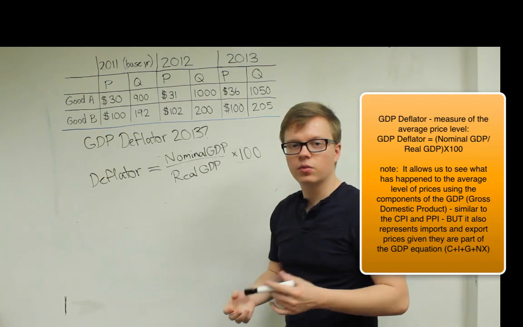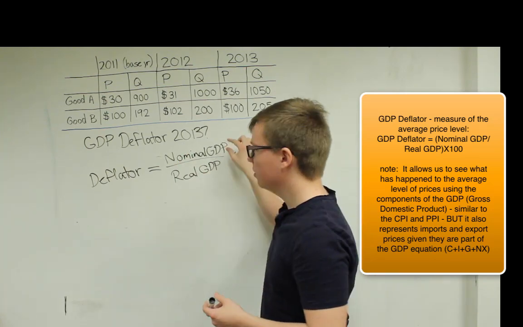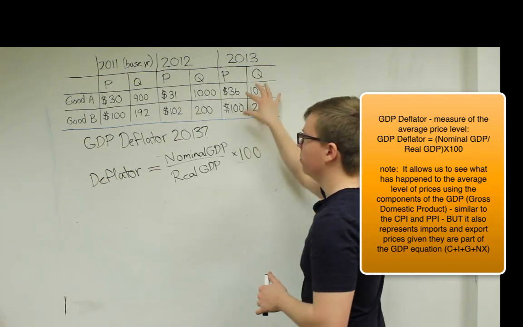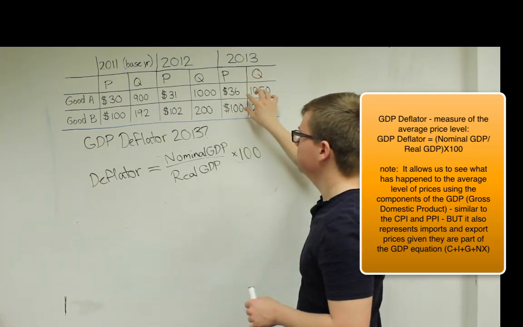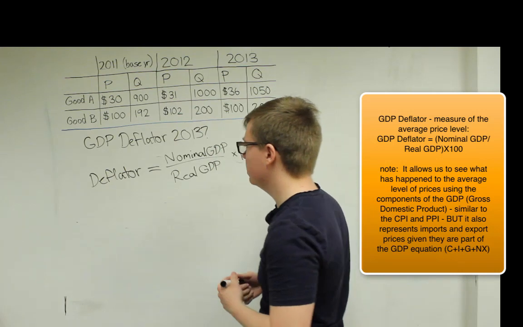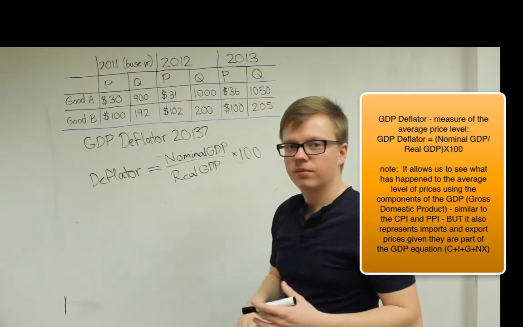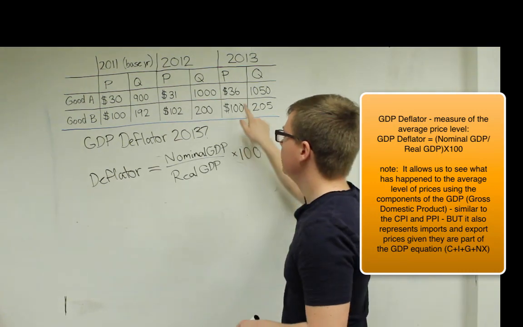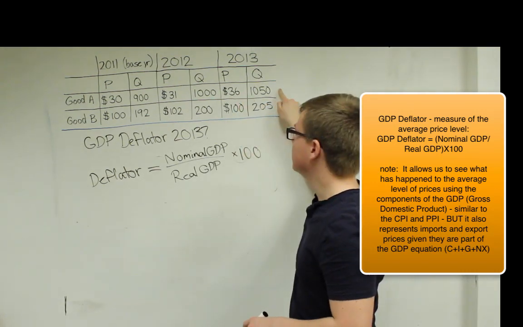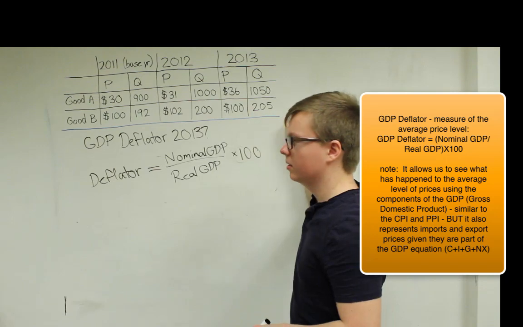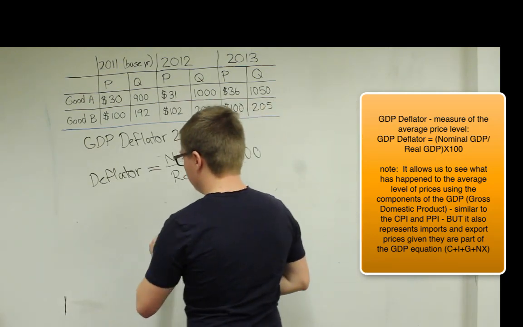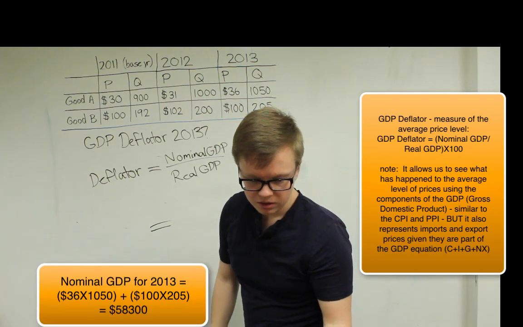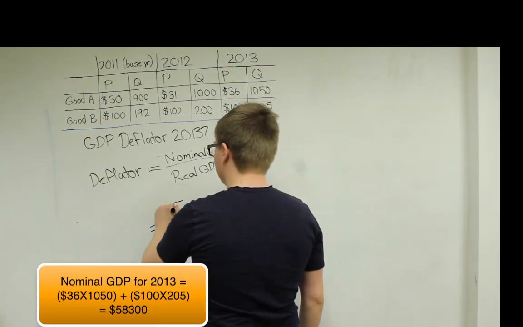If we want to do this for 2013, first we calculate the nominal GDP just like we did before, using prices and quantities only in 2013. We did that previously, so I'm just going to provide the answer: you do this times this, and then add this times this, and you will get 58,300.